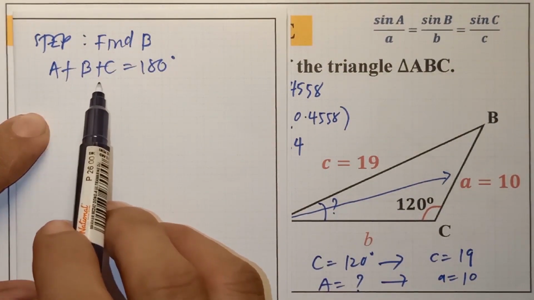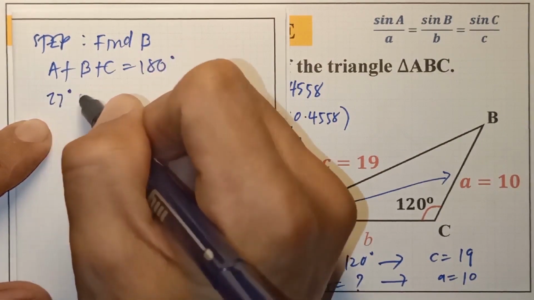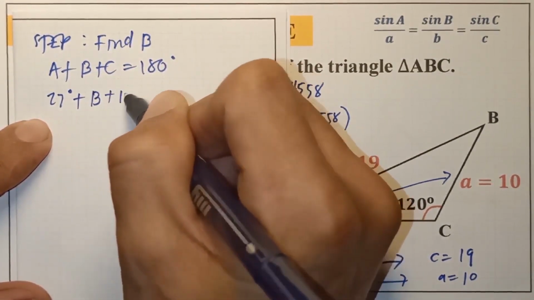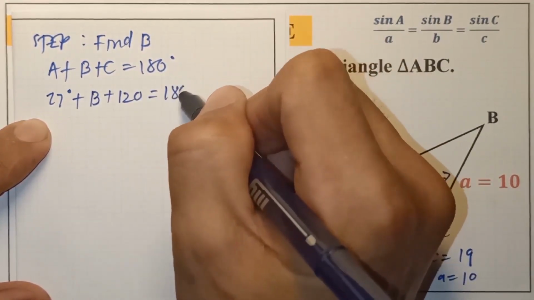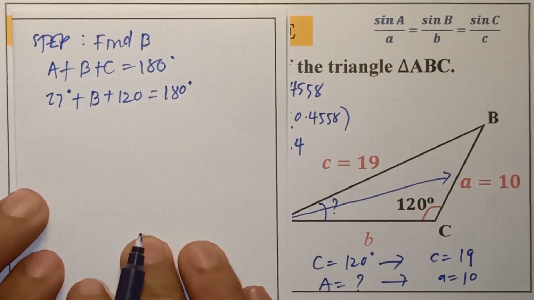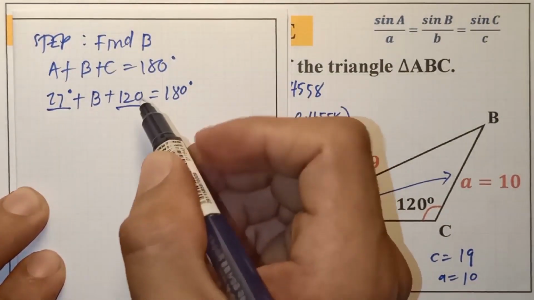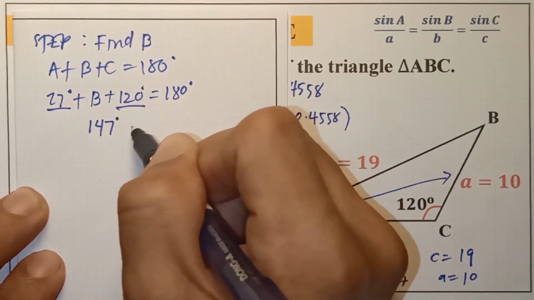Angle A is 27 degrees plus angle B is missing plus 120 is equal to 180 degrees. Now, 27 and 120, as we add them, the result is 147 degrees.